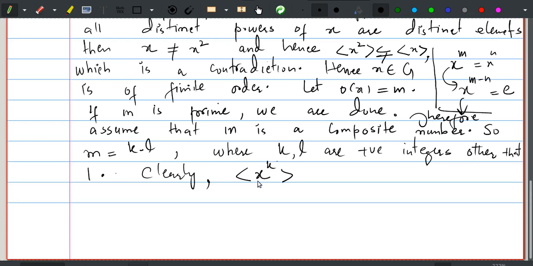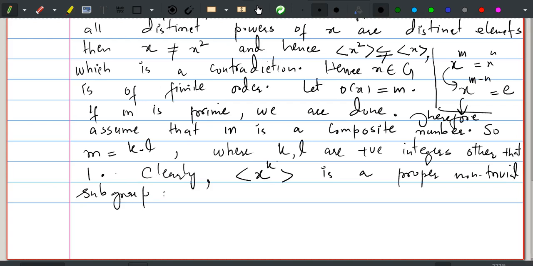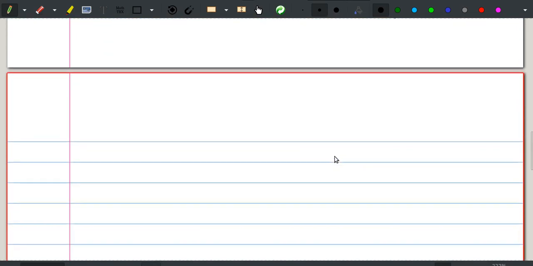This is a proper non-trivial subgroup of G, which is again a contradiction.